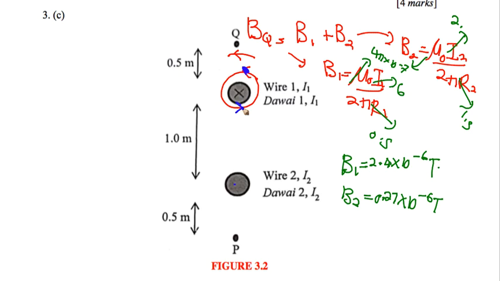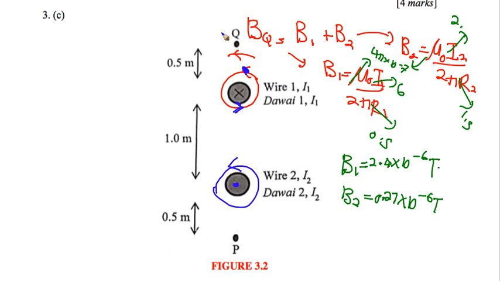For wire 2, from answer number 1, the current is into the page. Sorry, the field produced by wire 2 is out of the page, meaning the direction is to the left.